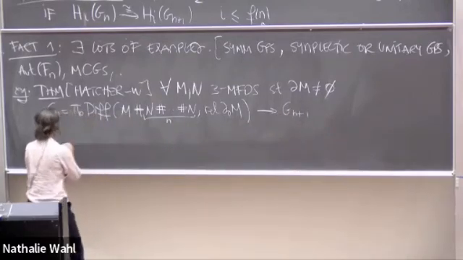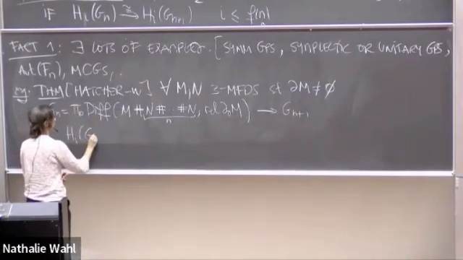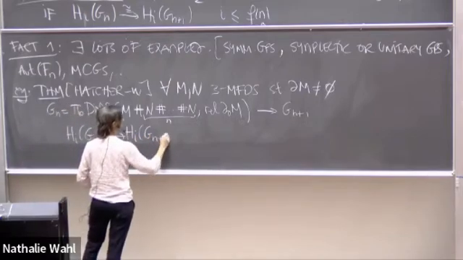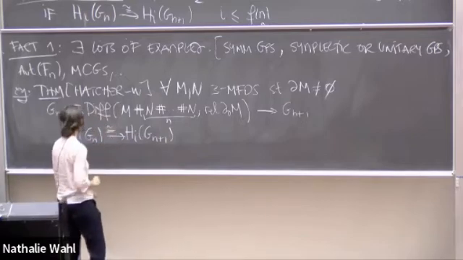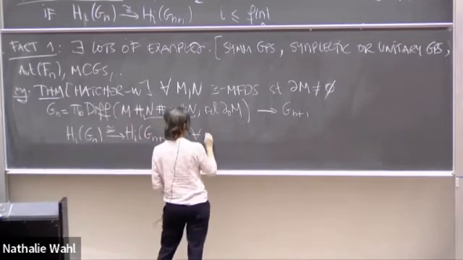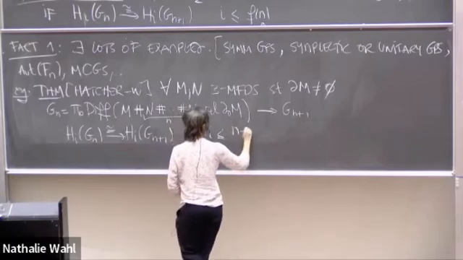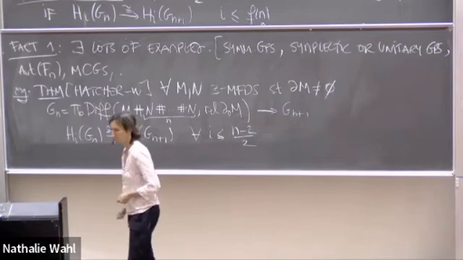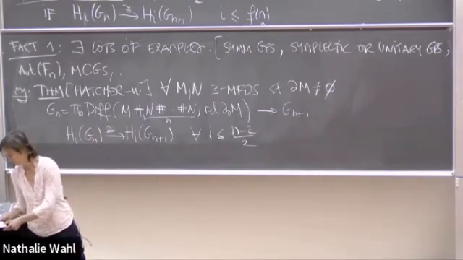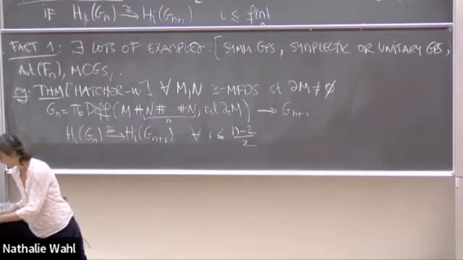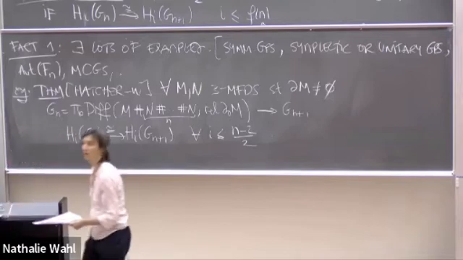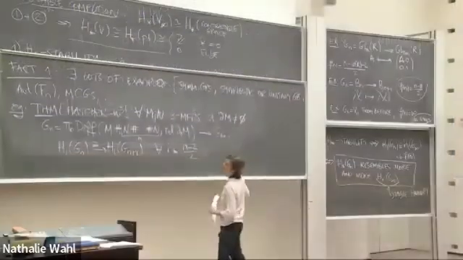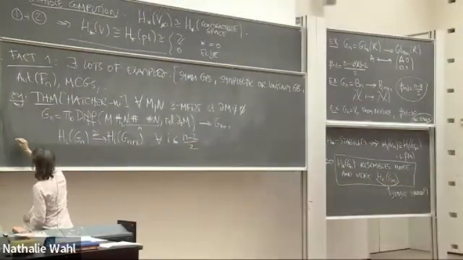And then the theorem says that the induced map Hi Gn into Hi Gn plus 1 is an isomorphism for all i smaller or equal to (n minus 2) over 2, with no dependence on M or N. So that is the first fact I wanted to give.